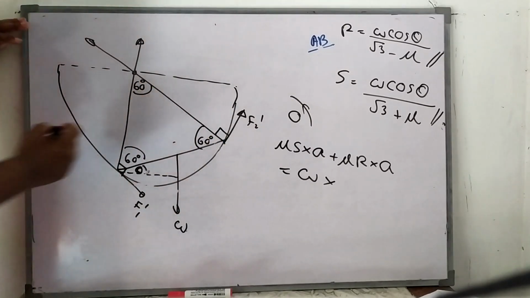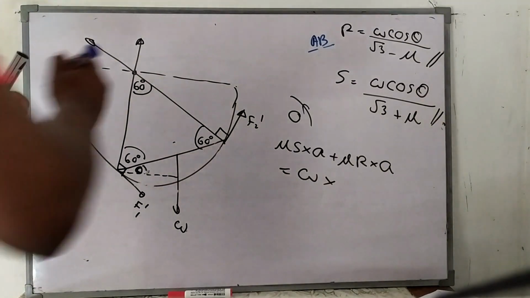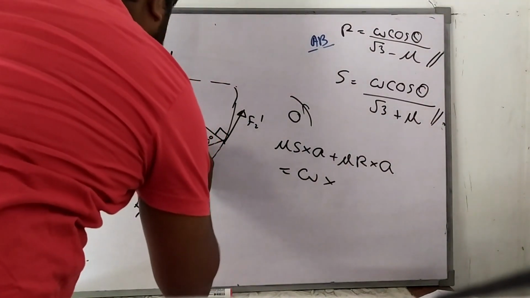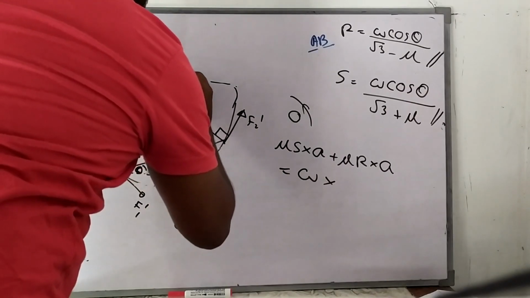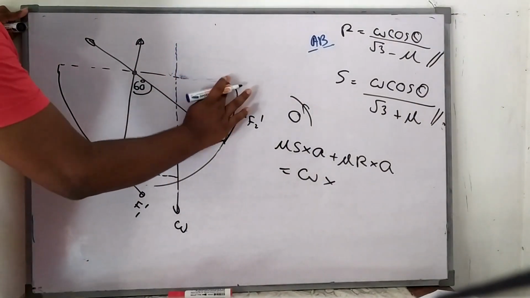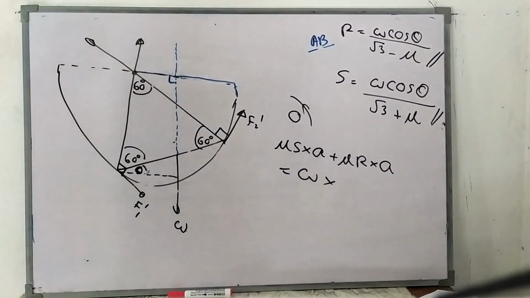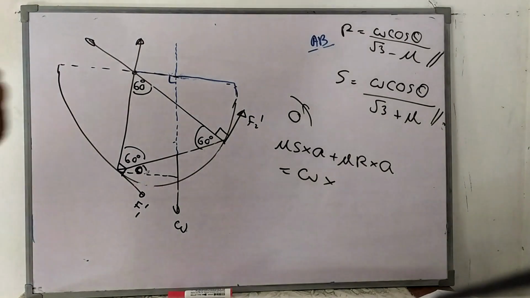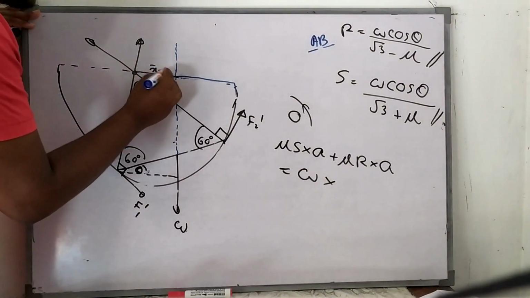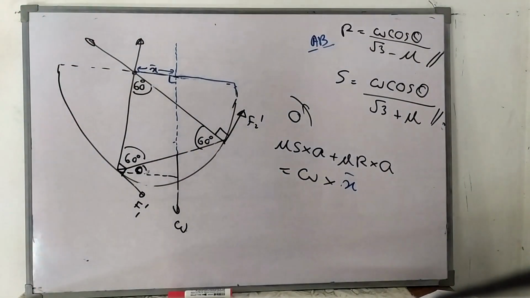This is 60 degrees. Okay, this is my perpendicular. X bar.